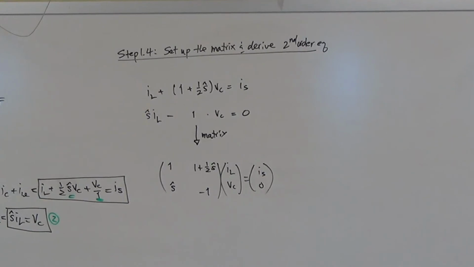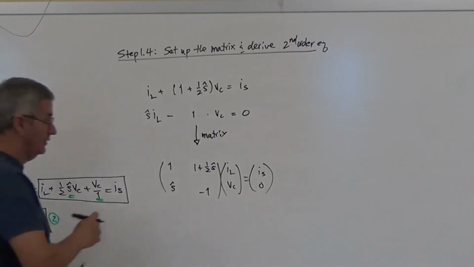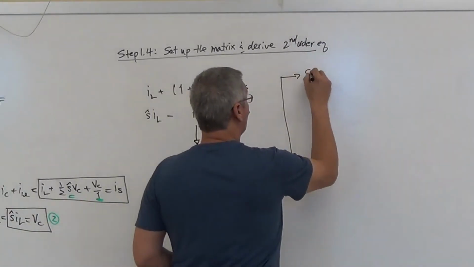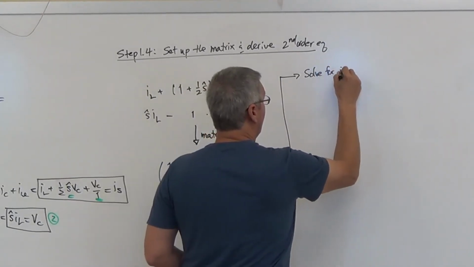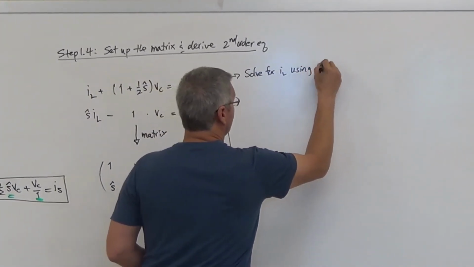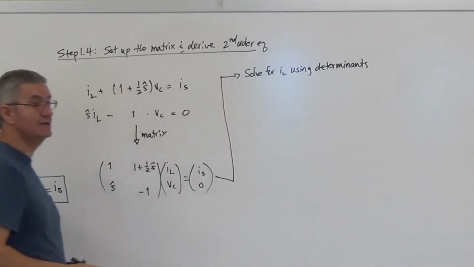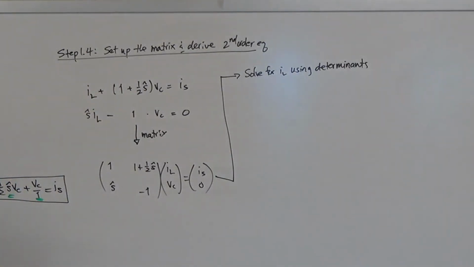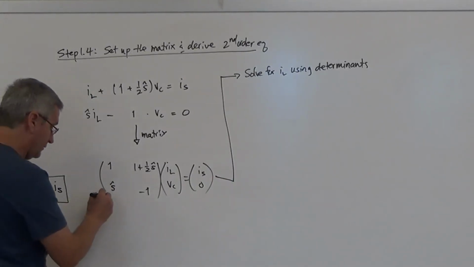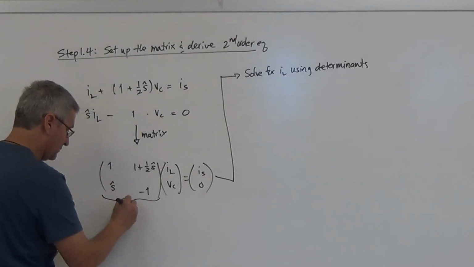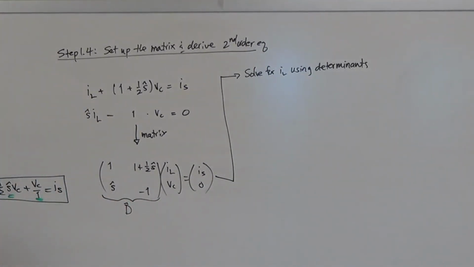So now I want to solve this equation using determinants, Cramer's method. Now we solve for IL using determinants. The thing you want to pay attention to here is that this term right here is my D hat term. What you want to pay attention to is the term on the right side of the equal sign.